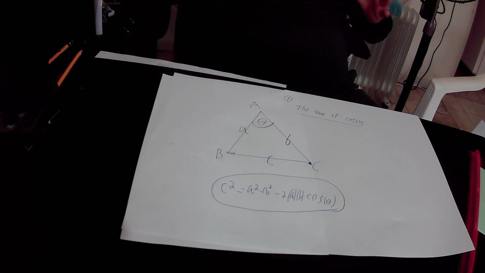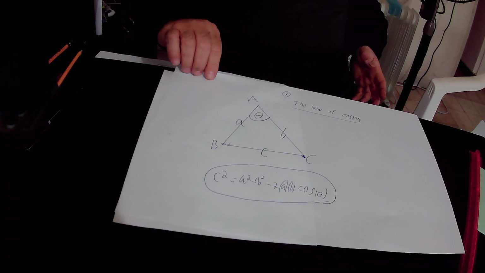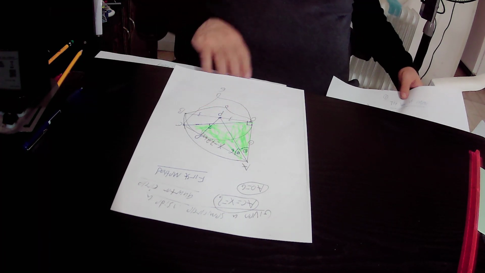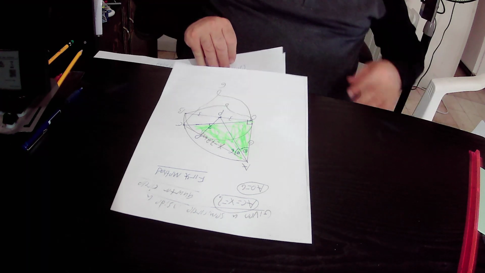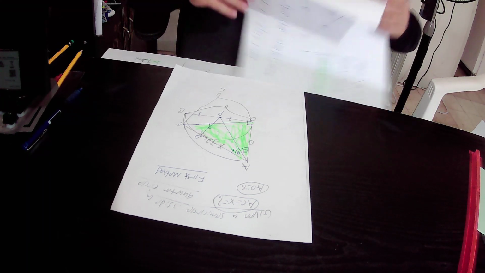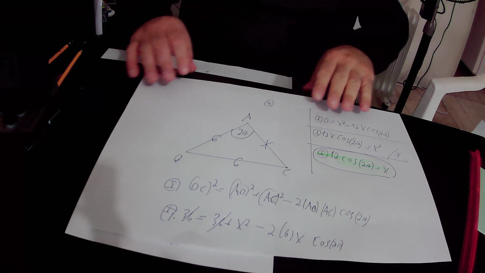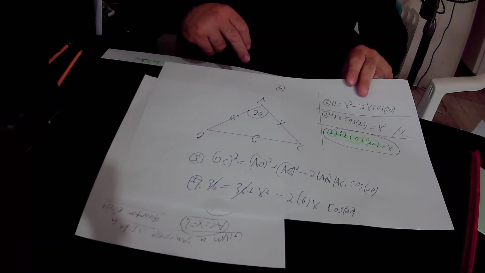Okay, then we implemented the law of cosines in the great triangle, triangle AOC. So I copied the great triangle, triangle AOC, in a new page, and we implemented the law of cosines in this triangle. AO equals 6 units according to what is given in the question.